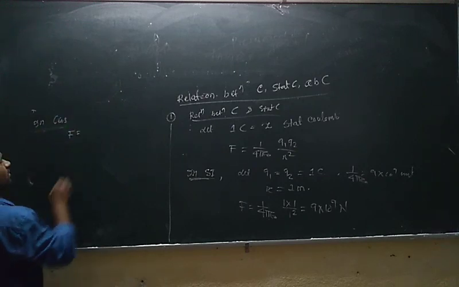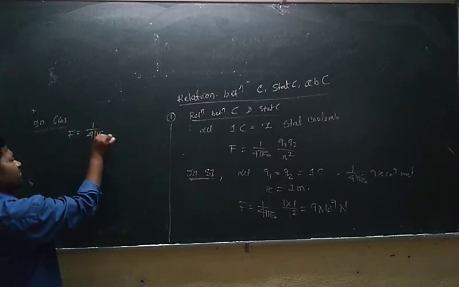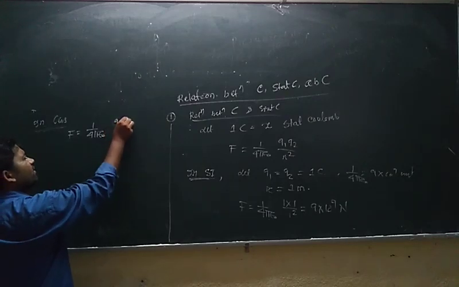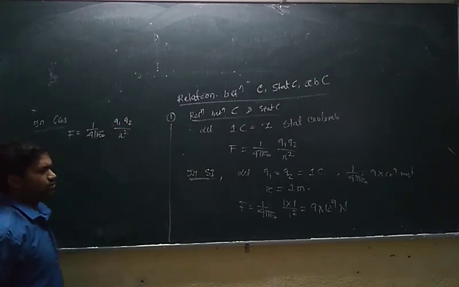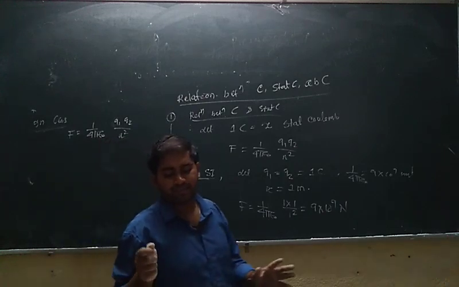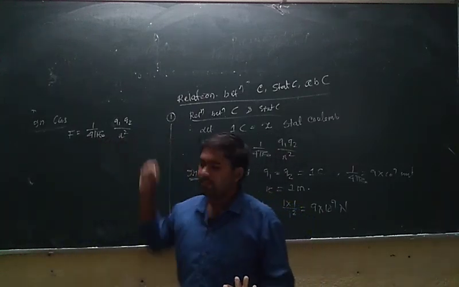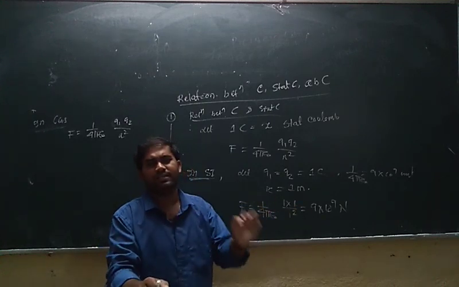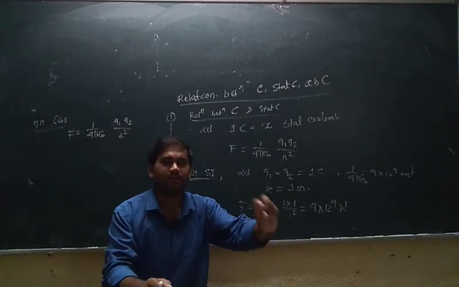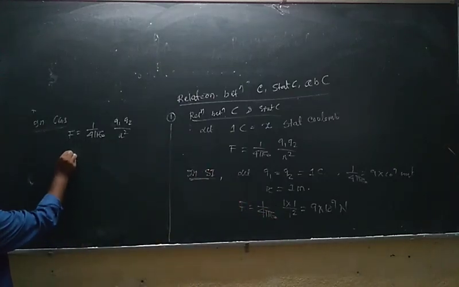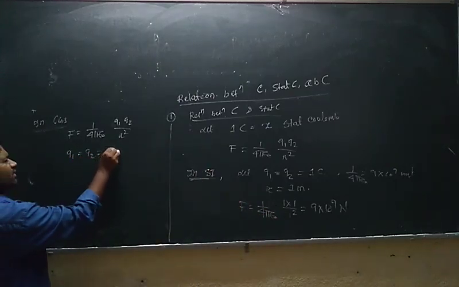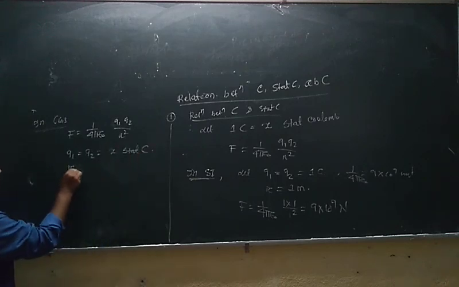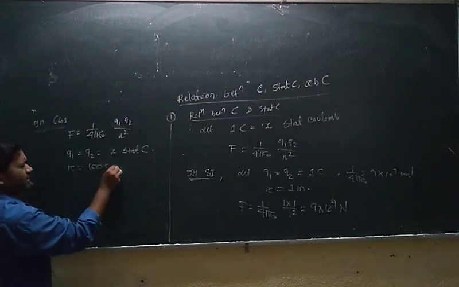suppose that F equals 1 by 4 pi epsilon naught times Q1 Q2 divided by R square. When we take the discussion of R square, here 1 meter changes to its CGS unit, centimeter, and 1 meter is 100 centimeter. So I take Q1 equals Q2 equals x stat Coulomb, and R equals 100 centimeter.